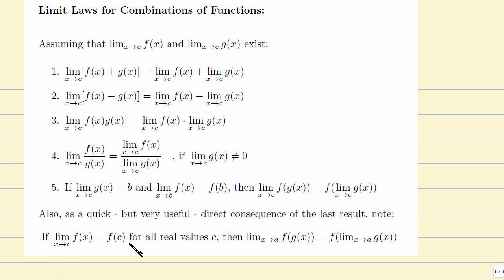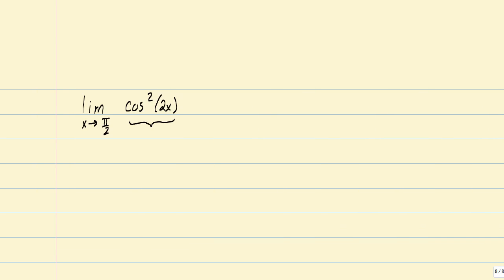If this is true, if that outermost function is such that finding limits like this, as x approaches c, can be done just by plugging c in. Is that the case here? Is it the case that the limit as x approaches c of our outermost function, that's the squaring function, could be obtained just by plugging c into this expression?